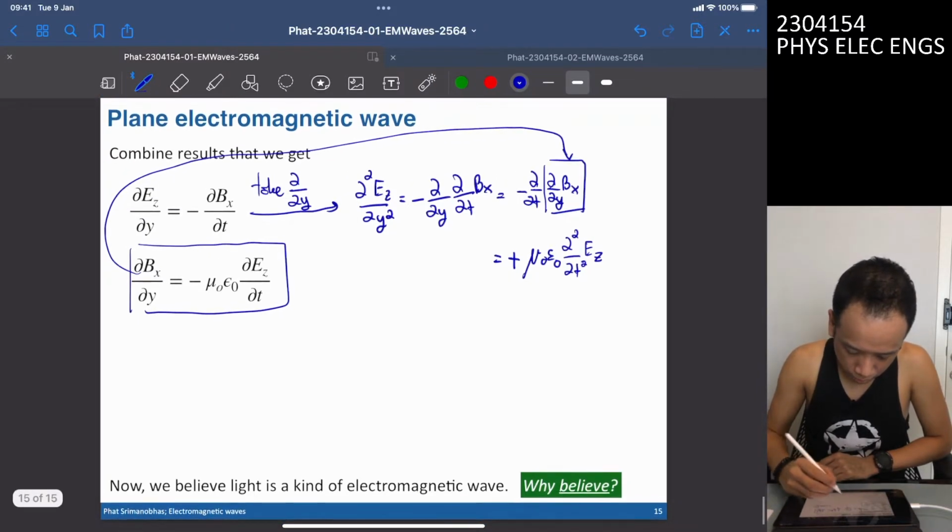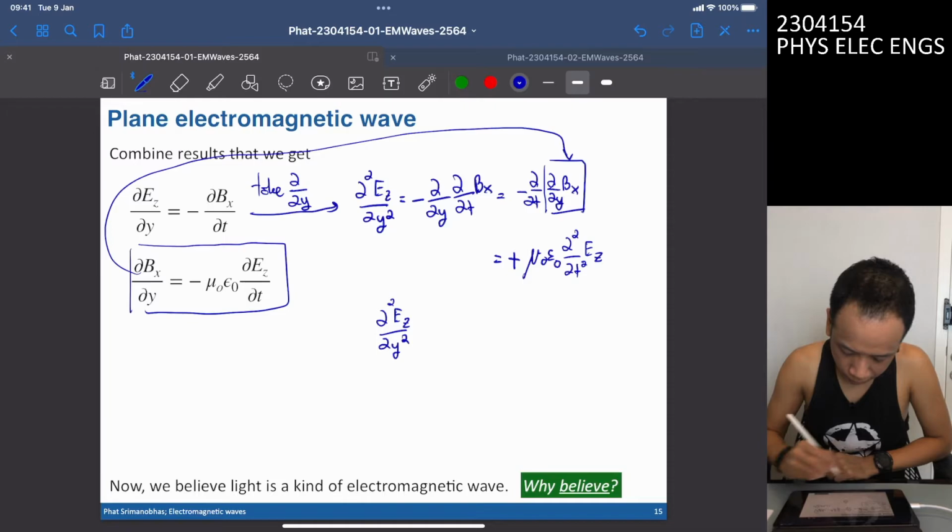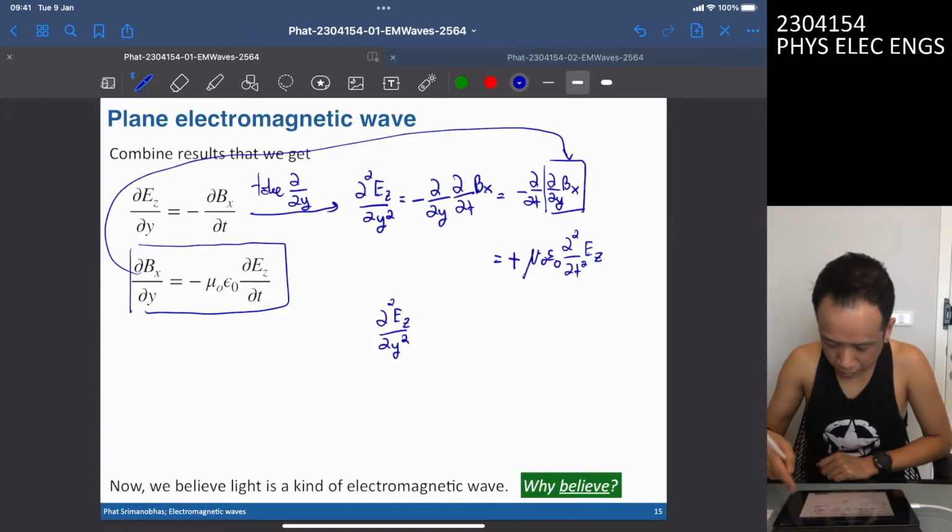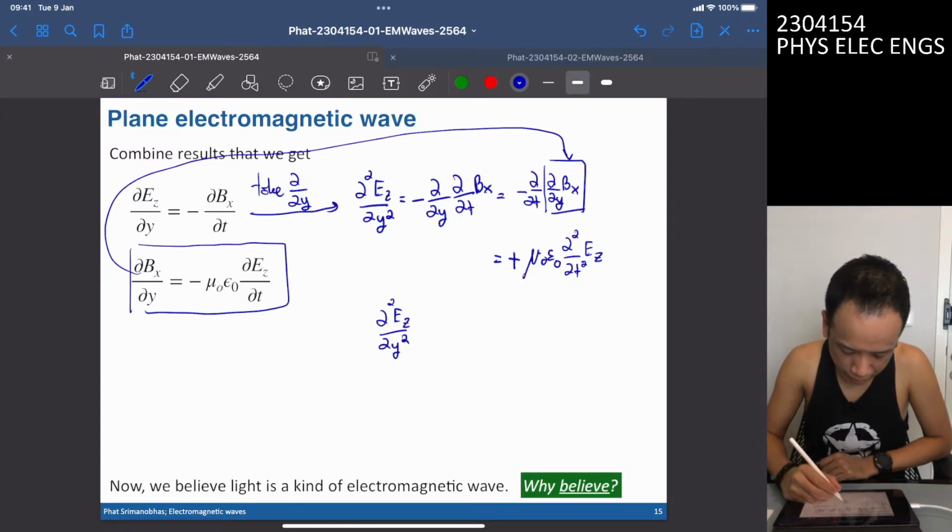So you write it down, everything you have. If you prefer it on the right hand side, or you move the minus to the left hand side, it's okay.